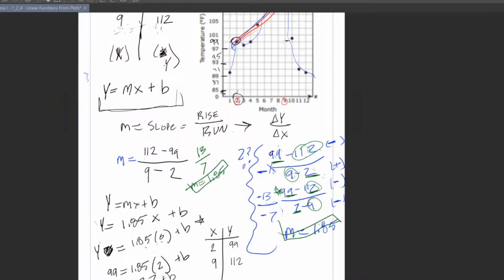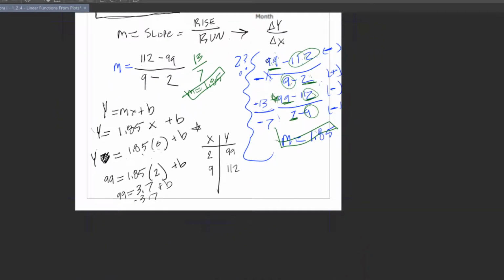We subtract 3.7 to both sides. And then we end up with b equaling 95.3, right?